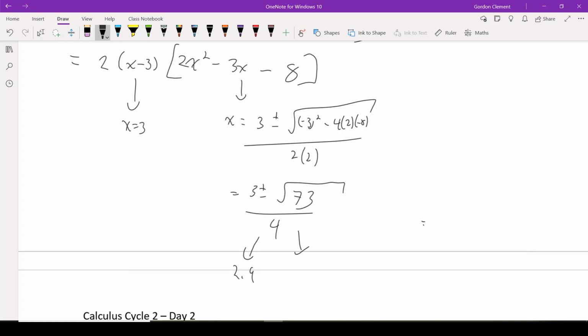So I got 2.886. I'm just going to round to 2.9. And negative 1 point, I'll be consistent and round to 1 decimal place, negative 1.4.